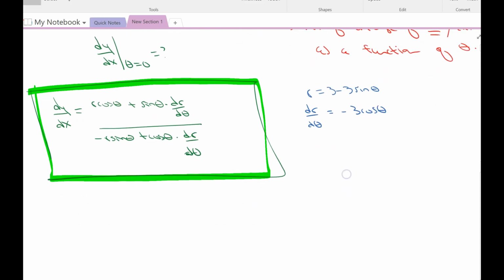That means dy/dx at the point when theta equals 0 is going to equal, do you see this r times cos theta right here?